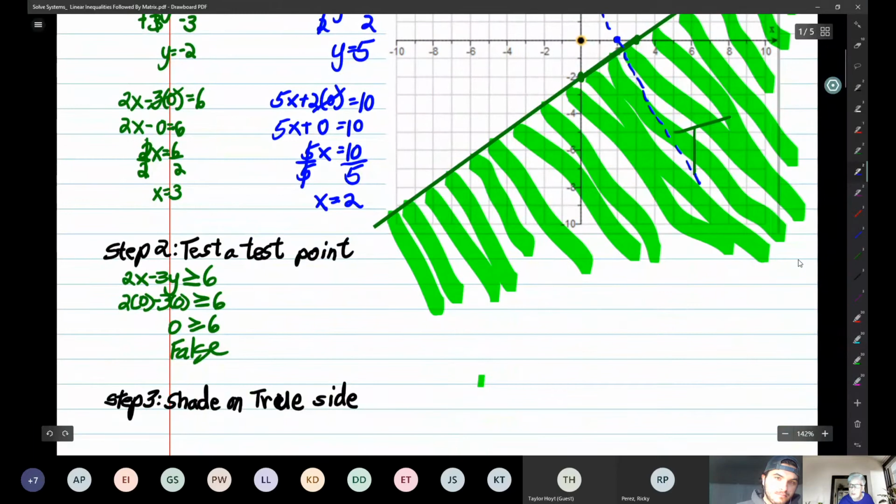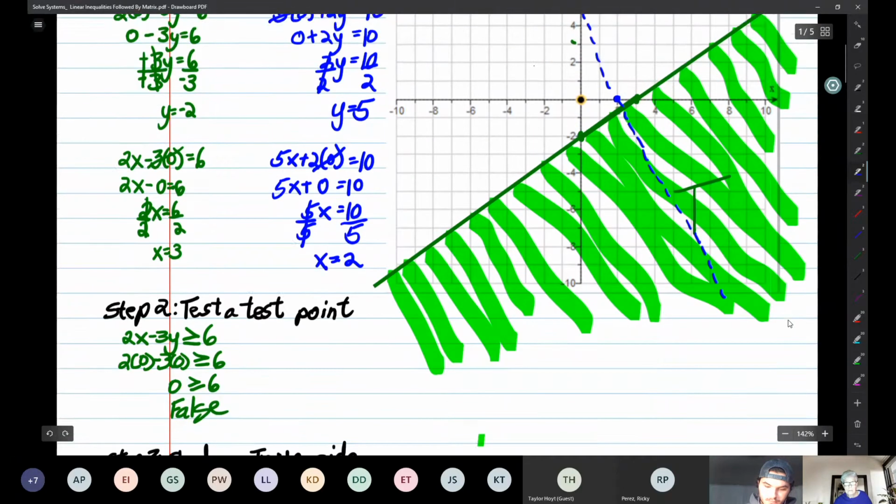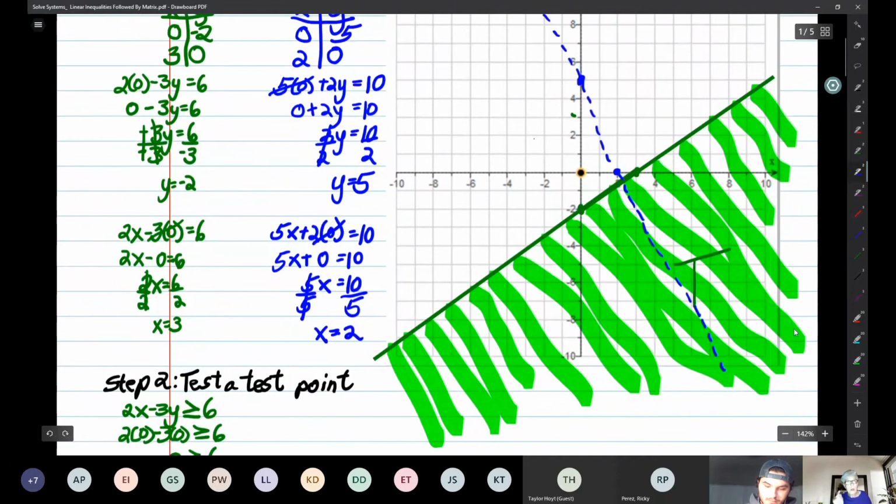In MyMathLab, you can choose a dashed line. The default is a solid line, but if you look around where your line icon is, a little bit below that, you'll see that you can click on a dashed line, and that's what you would want to do for the blue.